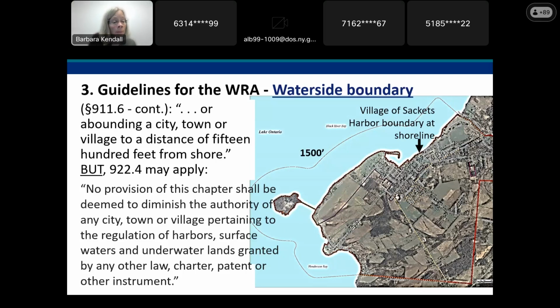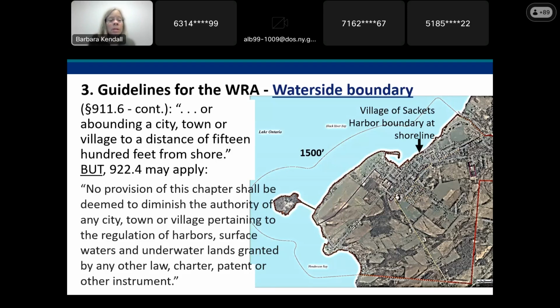But another thing to keep in mind is that, especially on Long Island, there may be overlapping jurisdictions. So you can't diminish the authority of another town, village, or on Long Island, the town trustees of any authority that they have for regulating the waters or underwater lands.